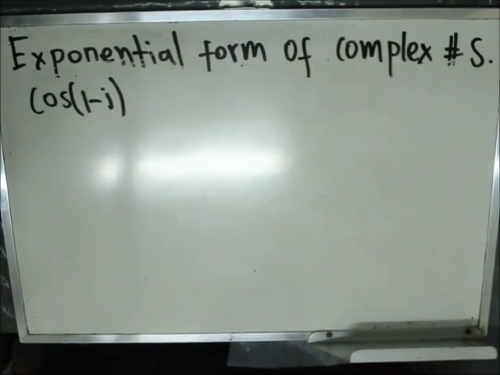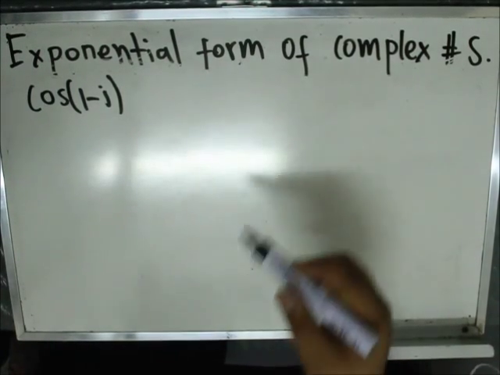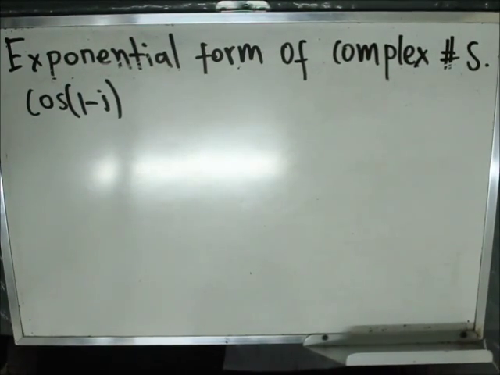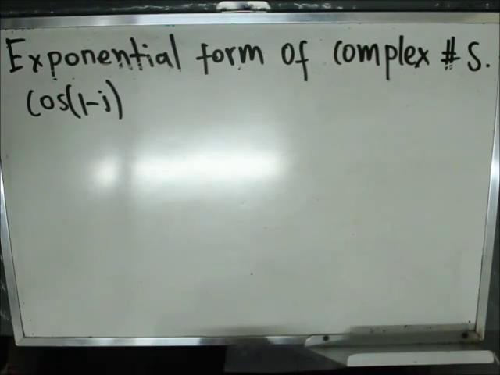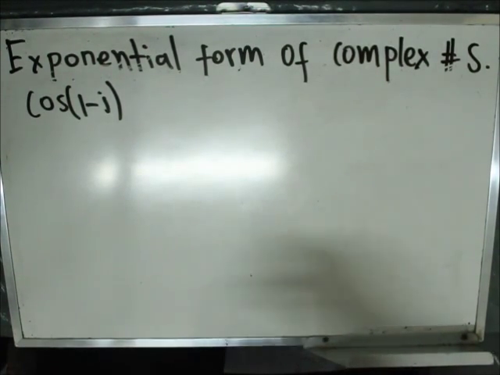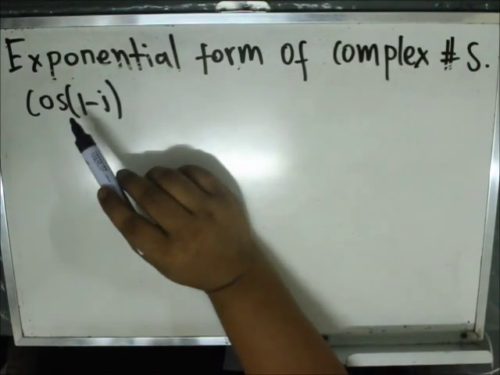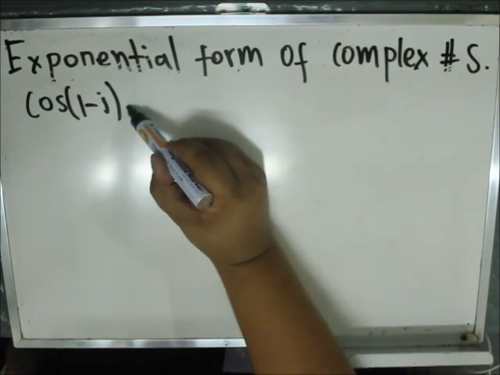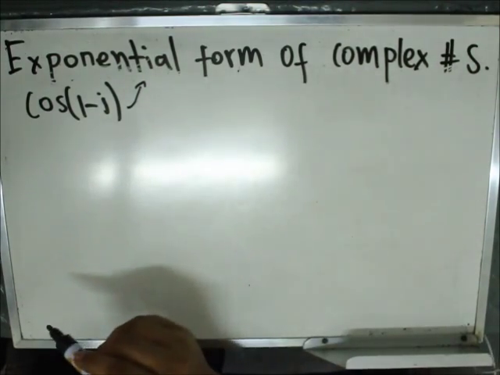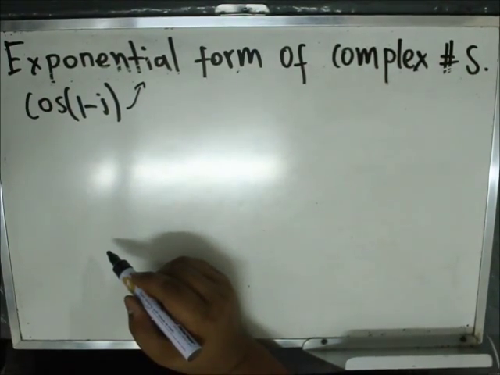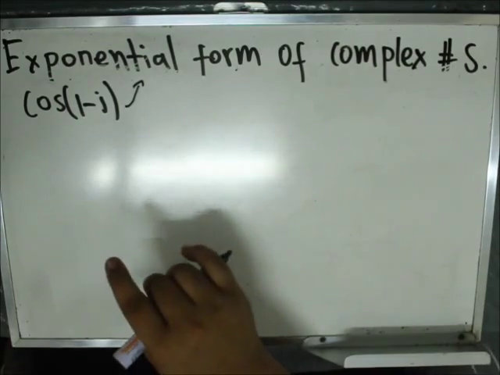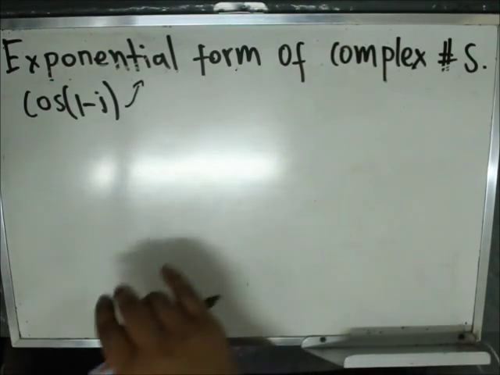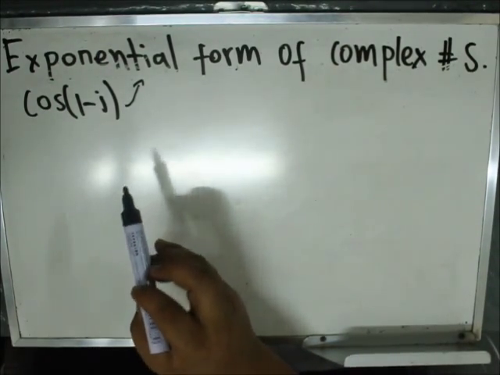For a further understanding of exponential form of complex numbers, we can solve various problems. For example, cos of 1 minus j can be solved using the exponential form of complex numbers. It can also be solved by various techniques of mathematics, but it's faster to use the exponential form of complex numbers to solve this.